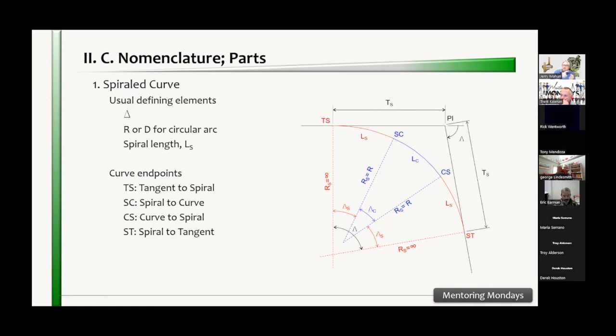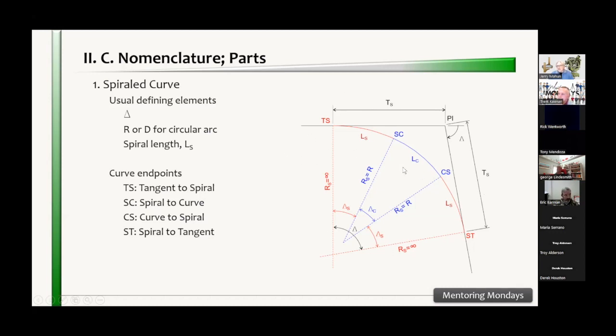The next thing to make a spiral curve is we go to our design tables or whatever, and we pick out what's our allowable spiral length, like we had in the DOT tables for Wisconsin, 275 feet or what it was. So then we know that our spiral length is 275 feet here and 275 feet here. So once we do that, that fixes the geometry of the entire situation here.